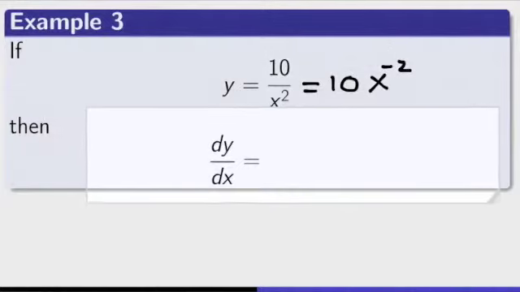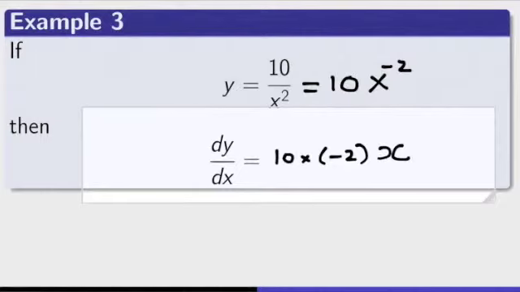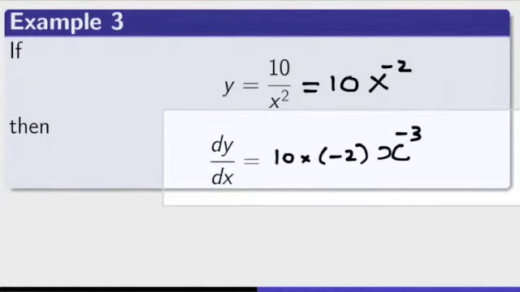So we can now write the derivative of y with respect to x would be 10 multiplied by, we drop the index to the front, so minus 2 comes up to the front, x, and we subtract 1 from the index, so minus 2 minus 1 is minus 3. So we have the answer minus 20x raised to the power minus 3.